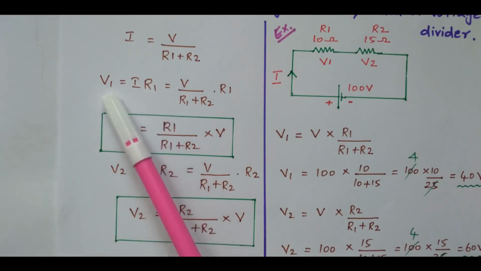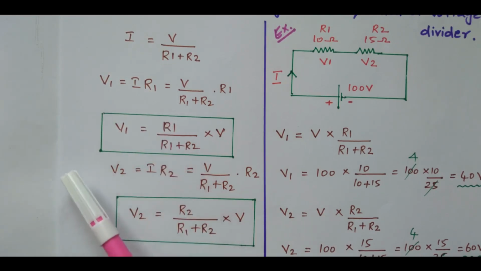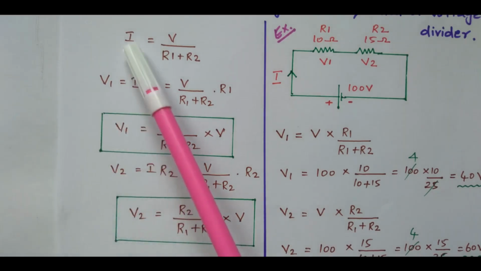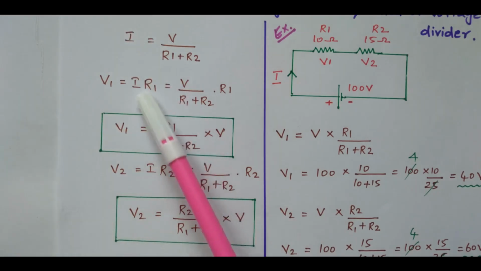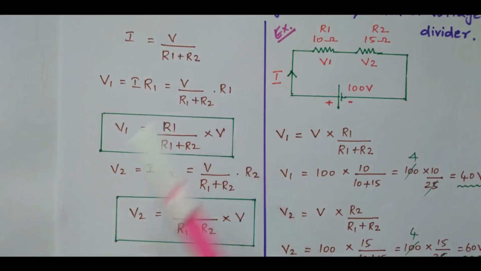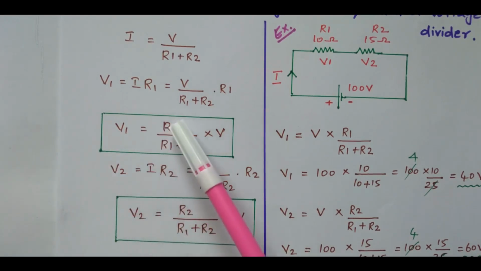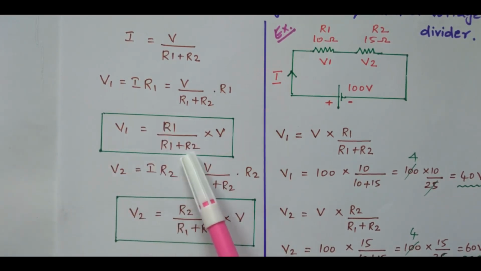Substituting I, which is V divided by R1 plus R2, into R1, we can rewrite this as V1 equals R1 divided by R1 plus R2 into V.